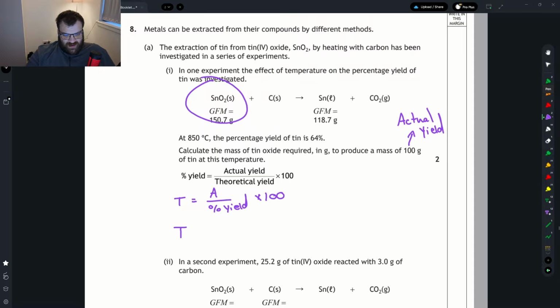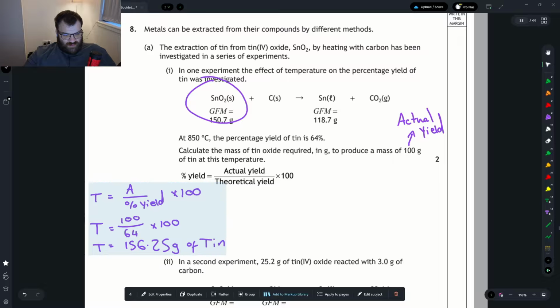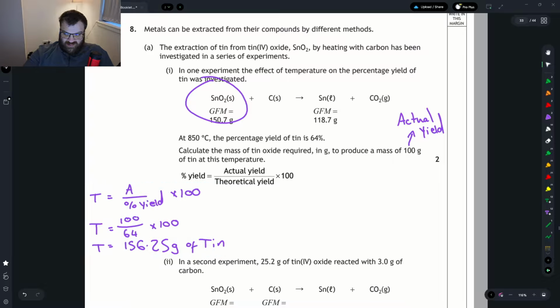So our theoretical mass of tin will be 100 over 64 times 100. So our theoretical yield is 156.25 grams of tin. We're not finished because we're trying to work out the mass of tin oxide that we would require to do that.